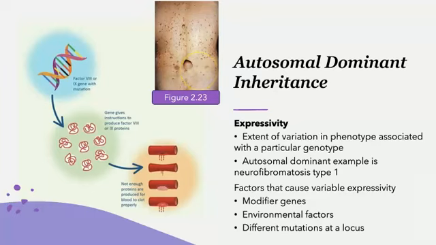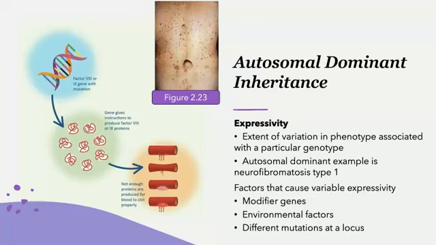And factors that could cause this variability of expressivity are modifier genes, meaning that the genes at other loci are influencing its expression. Also, environmental factors. So these would be non-genetic influences on gene expression, and then different mutations at a locus.